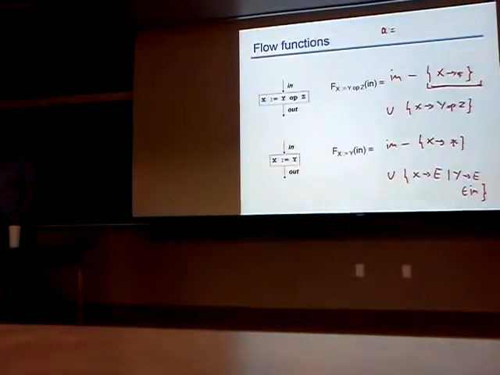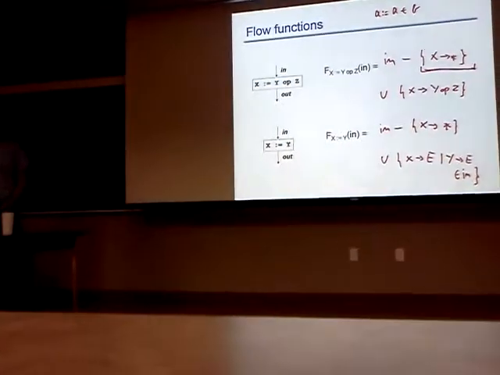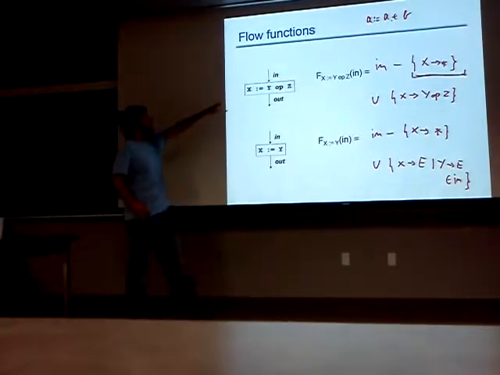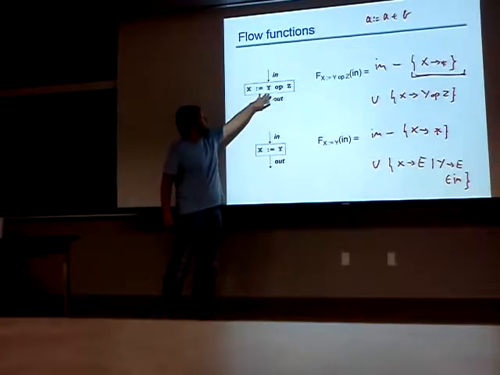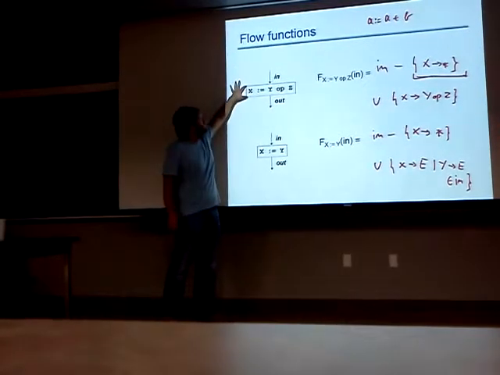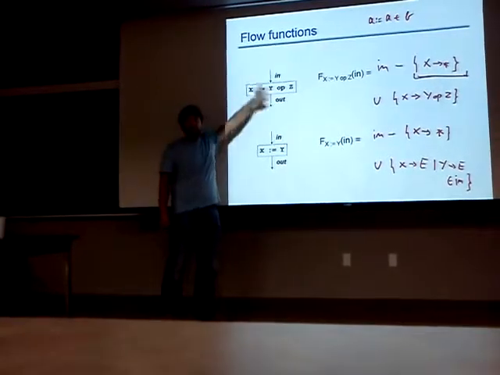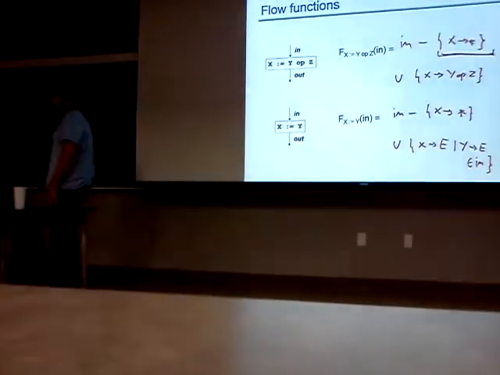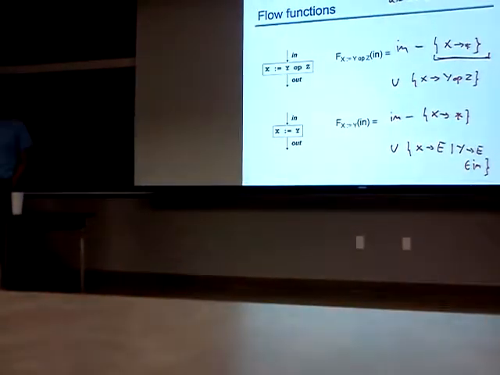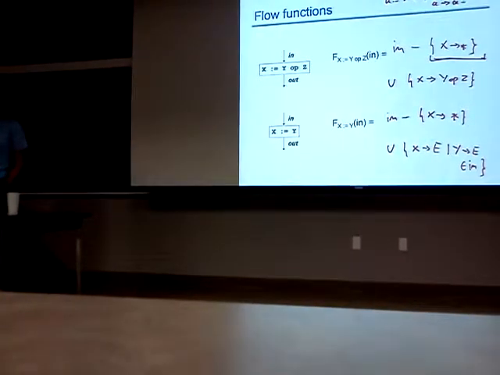A is equal to a plus b, and I'm going to do it this way just to not get confused with these x's. This x and this y, these are the patterns. Does that statement match this pattern? Yes. What would our flow function do? It would compute the information that a is equal to a plus b.